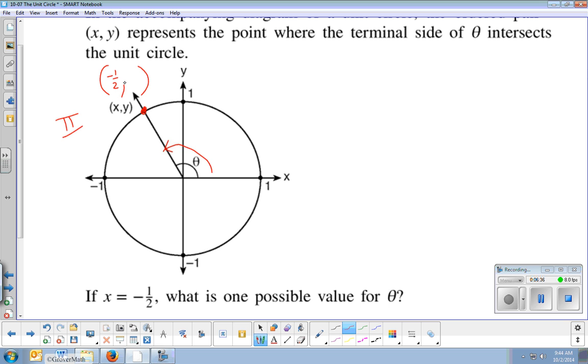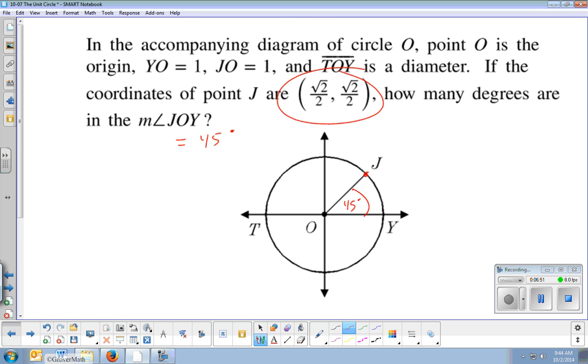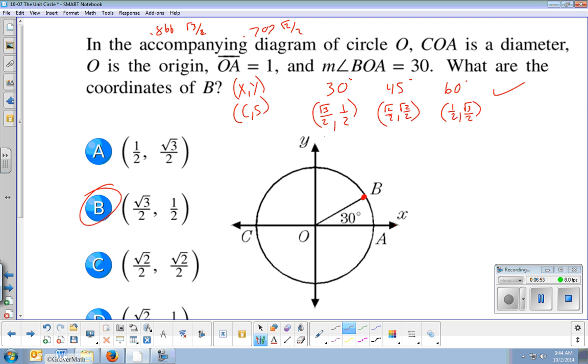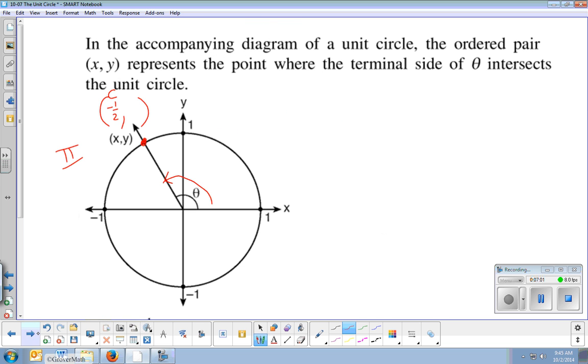So now you have to think, when is x 1/2? Forget about the sign for now. Just when is x 1/2? And go back to your special 3 values. And what we're really saying is when is cosine 1/2? And so looking at our special angles here, x and cosine is 1/2 at this 60-degree angle. So that means we're talking about a 60-degree angle here.